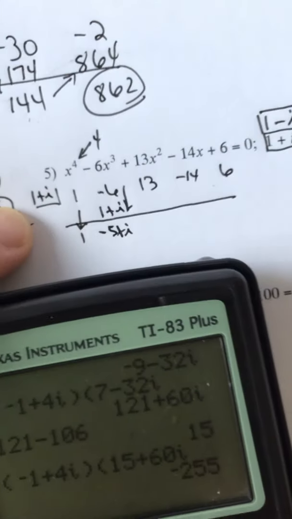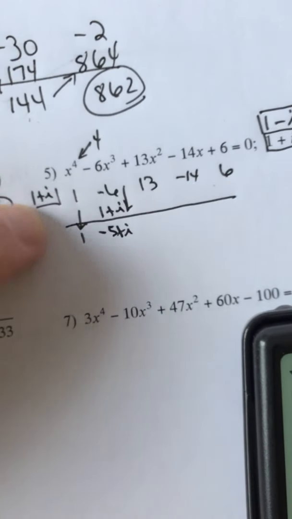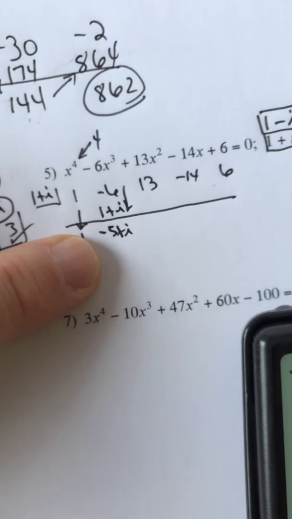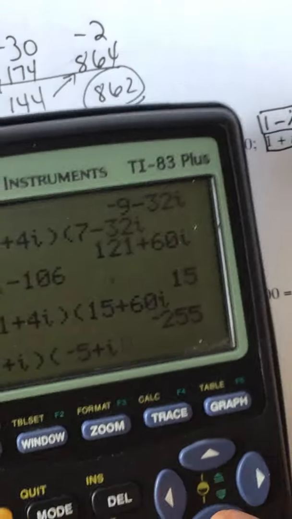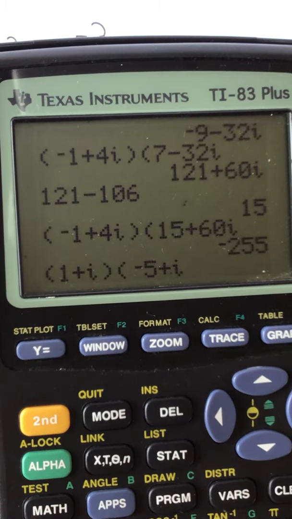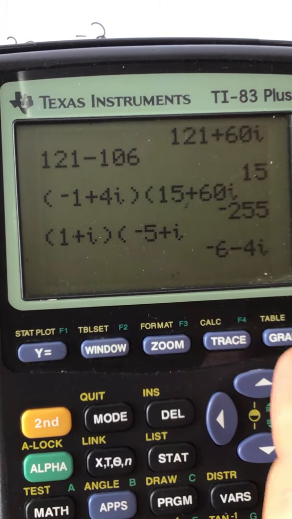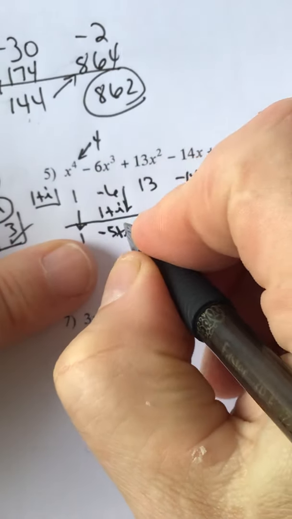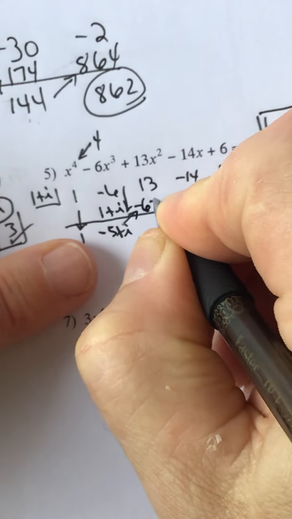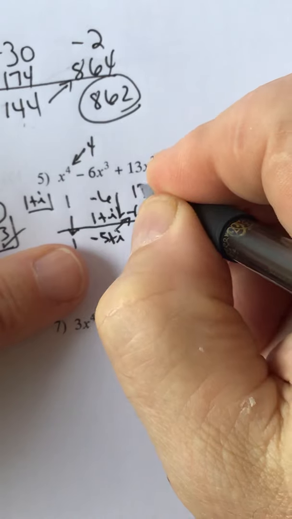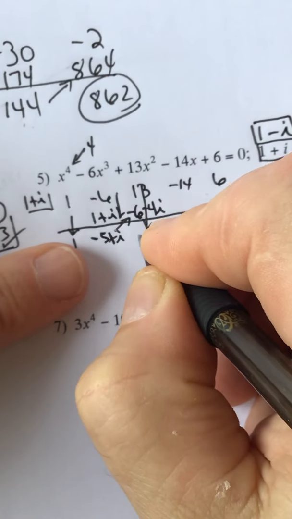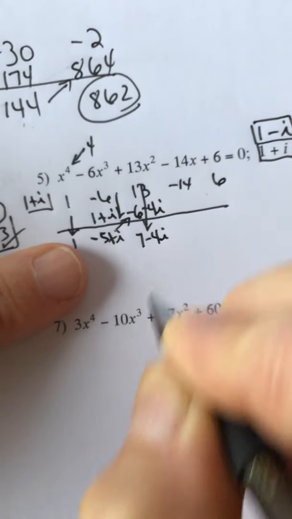Okay, I'm going to use my calculator assist, so I need to take 1 plus i times -5 plus i. I typed that in my calculator, and it's -6 minus 4i. So this multiplies to -6 minus 4i. Add down. So it's 13 minus 6, which is 7 minus 4i.